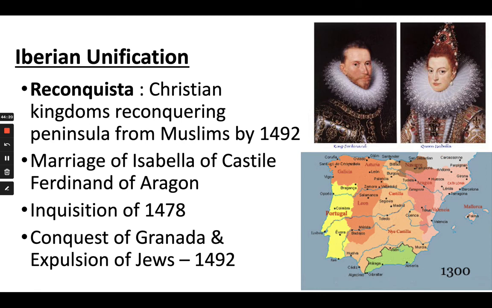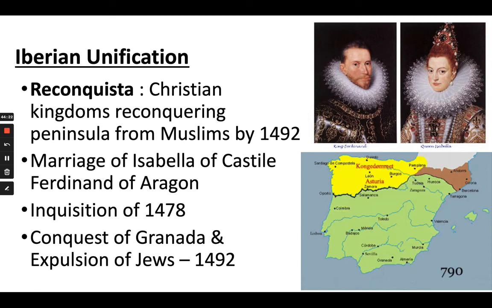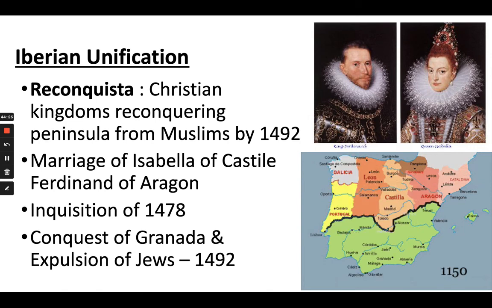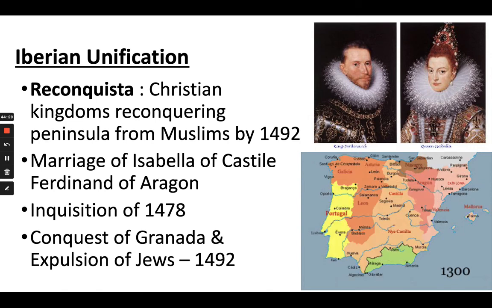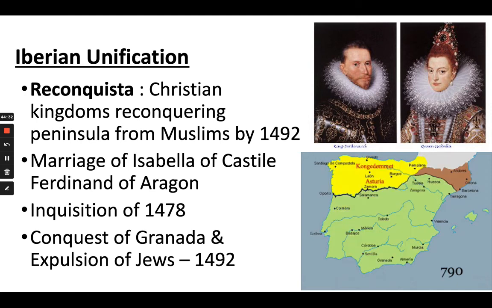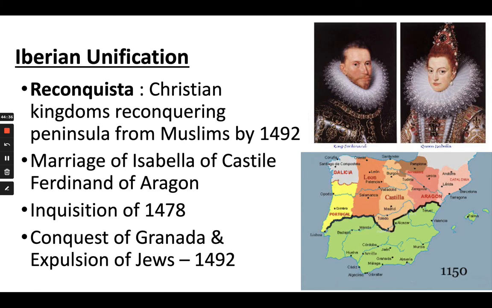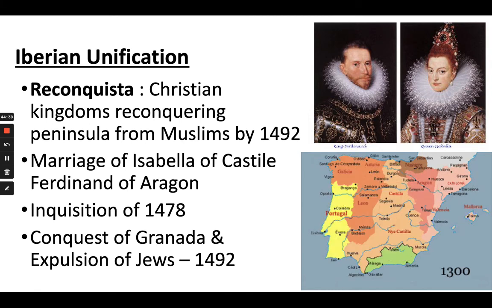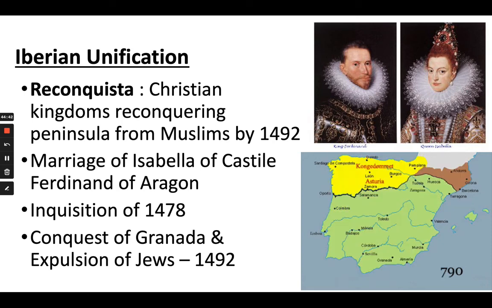The Iberian Peninsula for a long time had been contested territory between Christians and Muslims. So constantly you have these noble families fighting with the Muslim powers. It would go back centuries. You're getting a little bit more land, you're losing land.